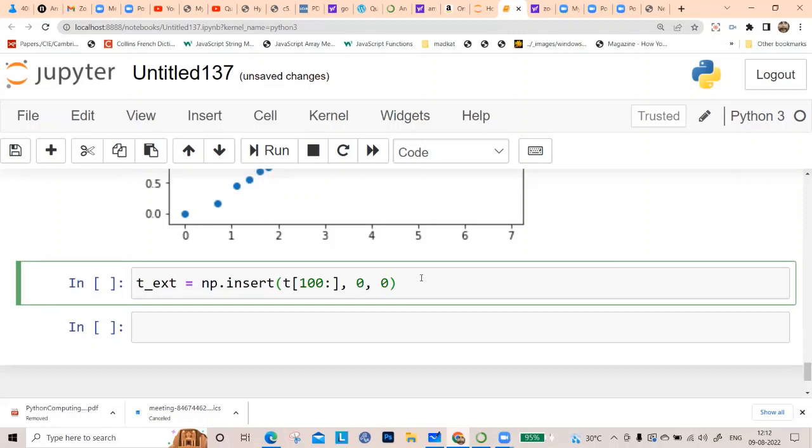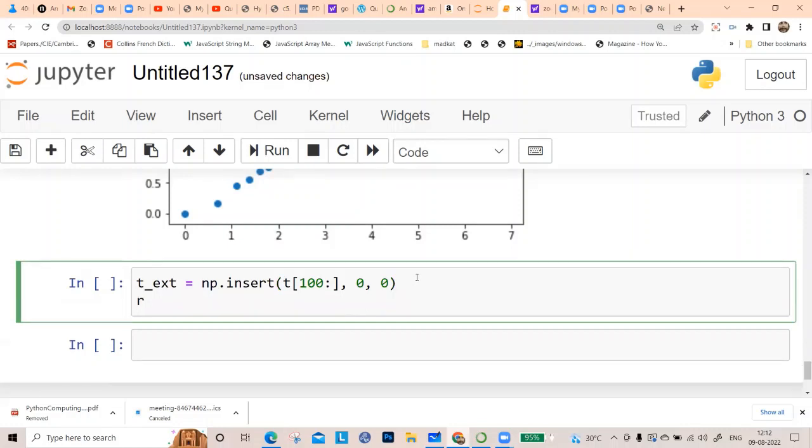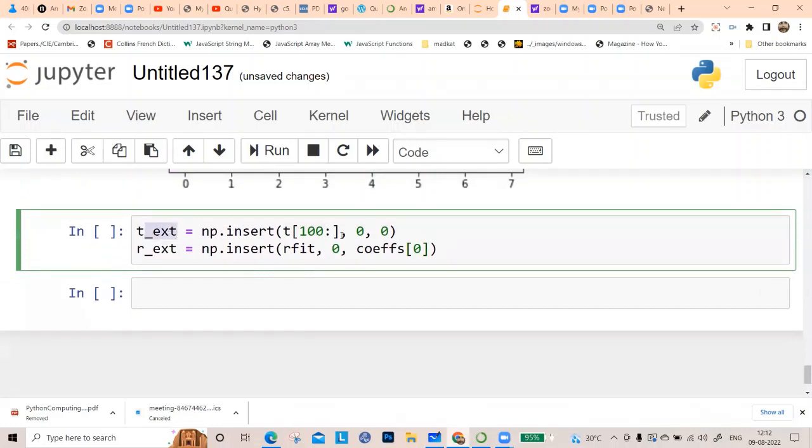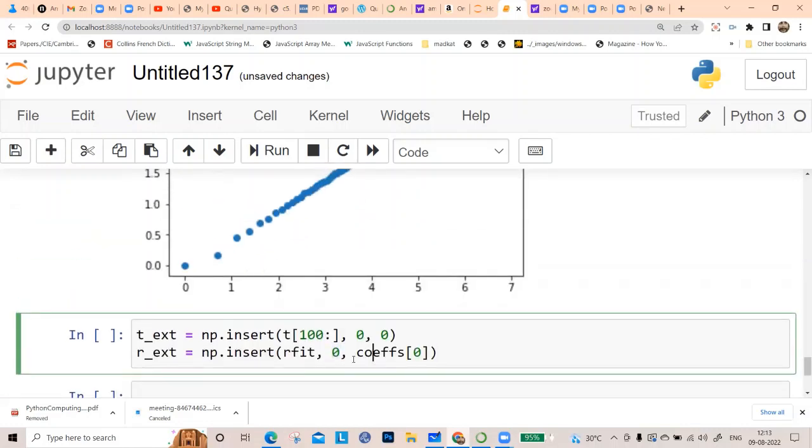And the R extension is equal to np.insert, R fit, at zero position, COEFFS 0. So for the time I start from 0, but for the R at 0 position, the data point will be the 0th coefficient.